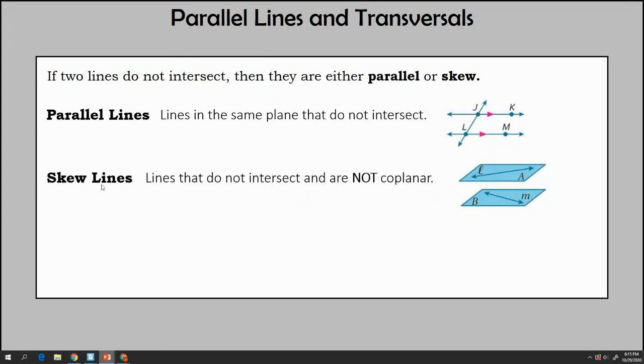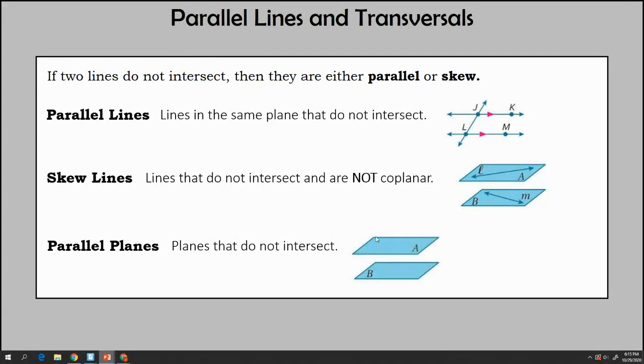Not going to do a whole lot with that this year, but it's important we understand. And parallel planes are planes that don't intersect, like this example down here. These planes are flat surfaces that extend in all directions an equal distance apart, so they'll never intersect. Lines that are in these planes are typically going to be skew. Okay, so there's a look at the different ways we can look at parallel and skew.